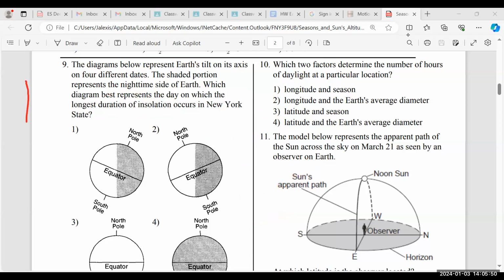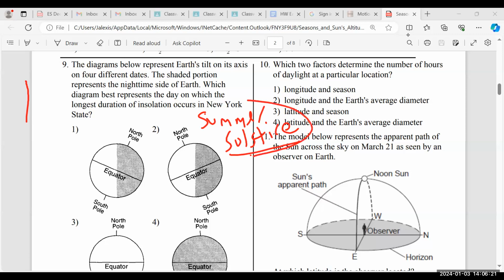So during the first day of summer, what do I know? I know that wherever my sun is, the North Pole has to be tilted towards the sun, because the longest duration of insolation occurs during the summer solstice for New York.